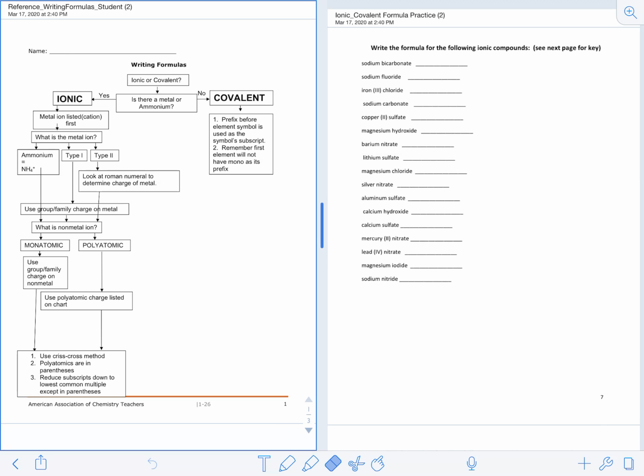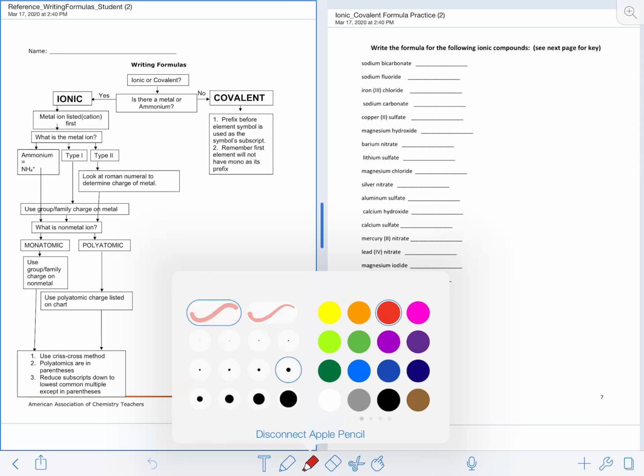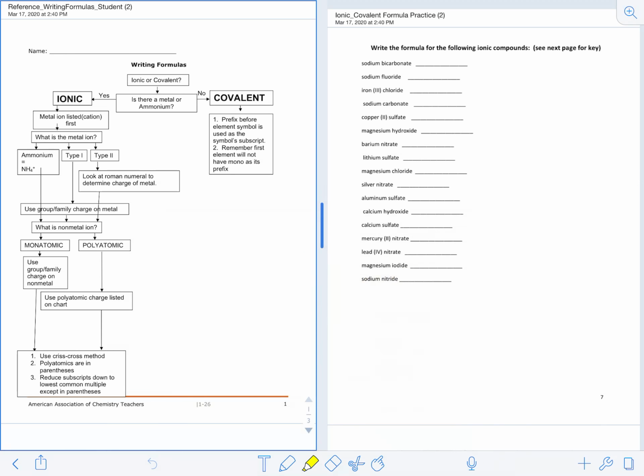So looking at the formula flow chart here, without determining whether or not it's ionic, we just want to look at, is there a metal? Metal or ammonium will tell us whether or not it is an ionic compound. In this list on the right hand side, there's no ammonium.